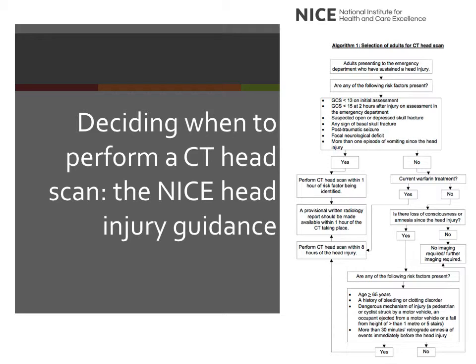To get into the algorithm, you have to be an adult who has sustained a head injury in the emergency department, and then you have to look for any of these positive findings: either a GCS of less than 13 on initial assessment, or a GCS of less than 15 at 2 hours after the injury, a suspected open or depressed skull fracture, any sign of basal skull fracture, a post-traumatic seizure, a focal neurological deficit, or more than one episode of vomiting since the head injury.